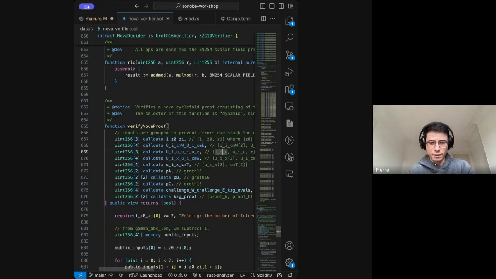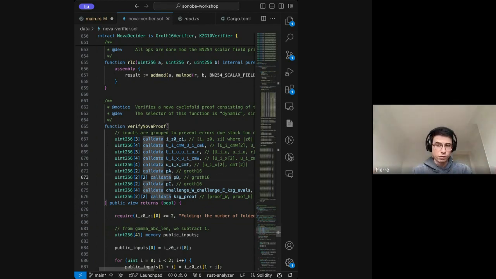It also takes the committed values that are being folded within the scheme. That is a detail, so don't worry too much about it. You also have the Groth16 points that you are going to use to verify the final Groth16 proof.